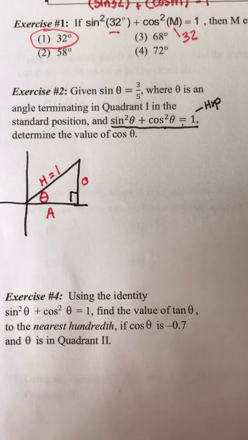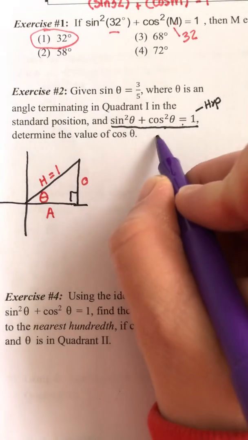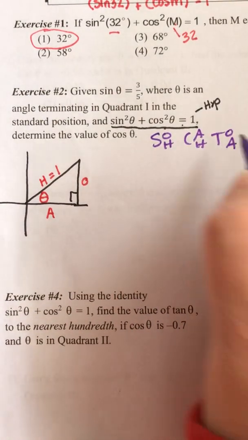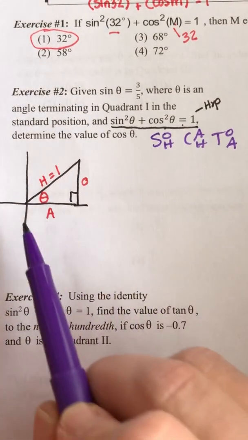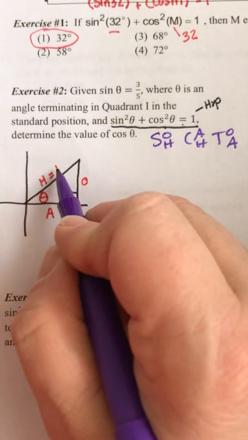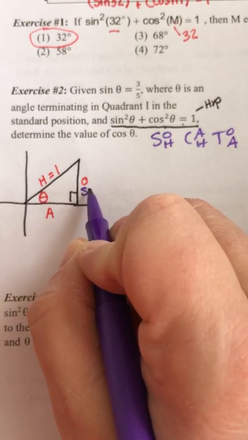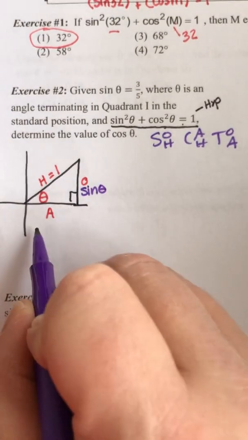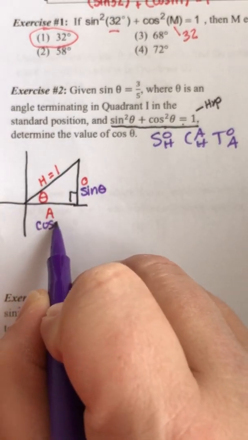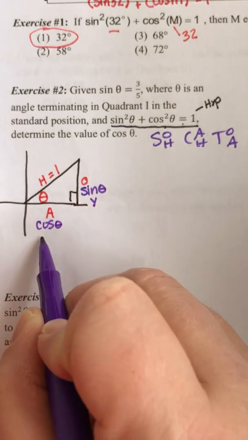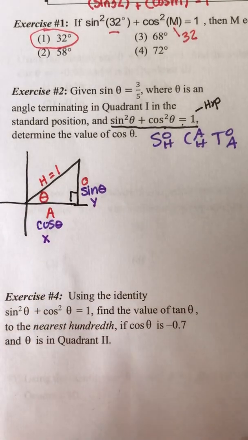When I did that opening example with you using SOHCAHTOA, I know that opposite the right angle, if the hypotenuse is 1, this is sine of theta. Next to the right angle is cosine of theta. Sine of theta is equal to the y value, and cosine of theta is equal to the x direction.